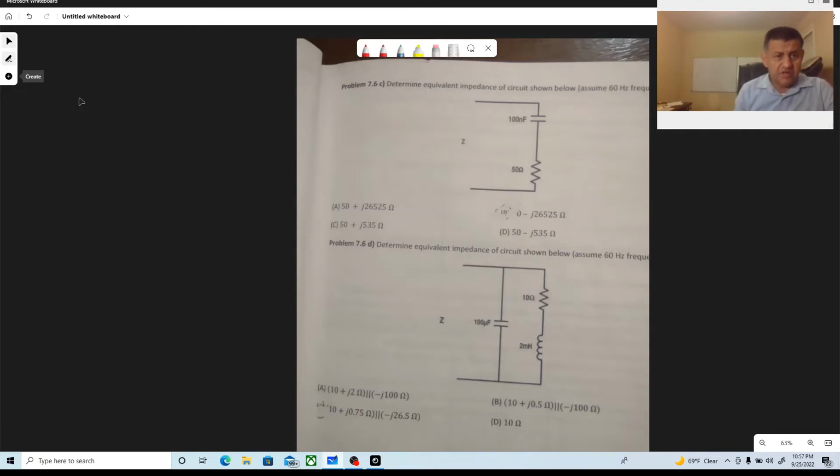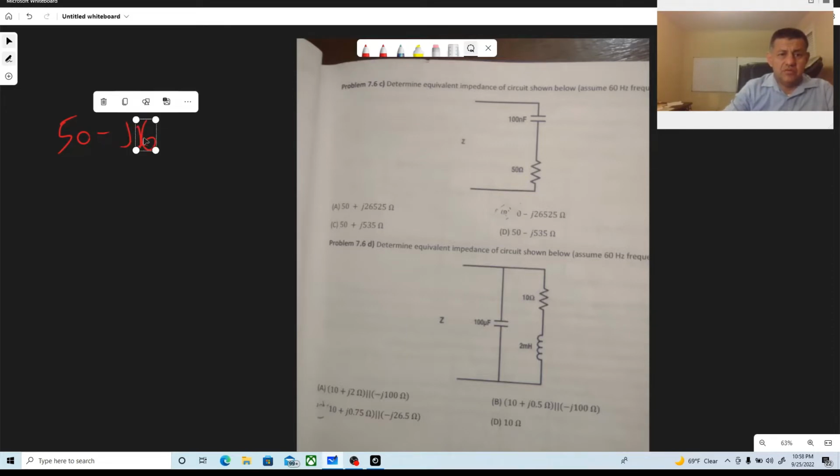Before I start, the answer for that one is 50 negative j 26.525 ohms. Hold on, this doesn't look too good.